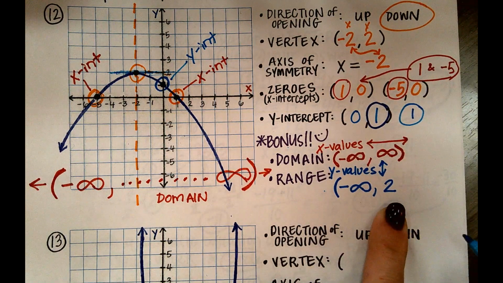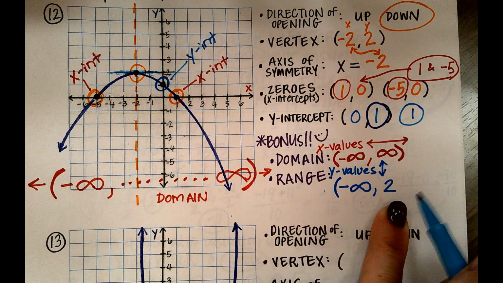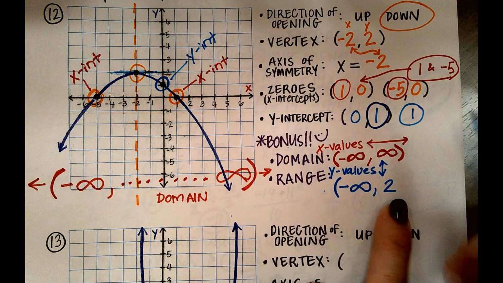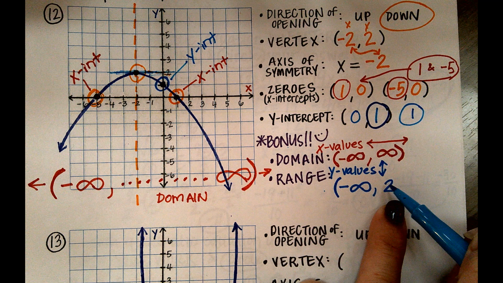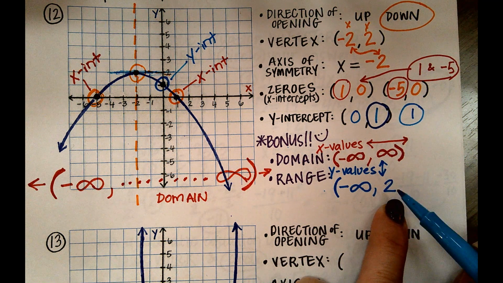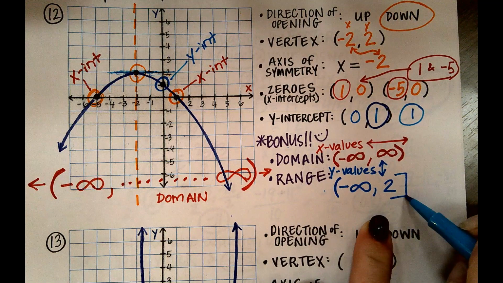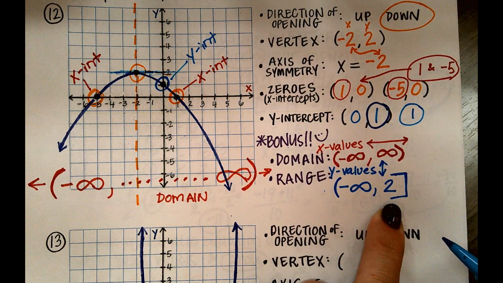Now here's the only thing that's different, and this will make a difference in how many bonus points you get. I'm gonna be really picky with this. Negative infinity with a parenthesis around it. When you use a number in domain or range, you have to use a bracket instead of parentheses. Bracket. It's a big difference apparently.